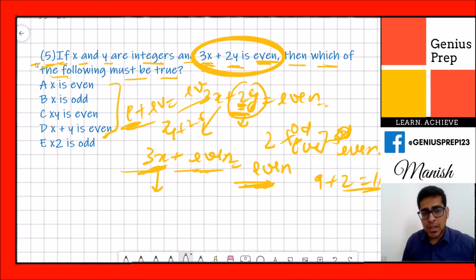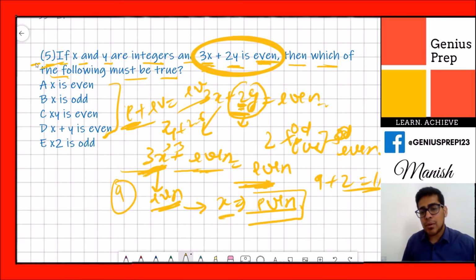That means 3 multiplied by x should be an even number. How can it be an even number? x should be an even number, because if you put an odd number, like 3, you always get an odd number, which we don't want. So x is an even number.